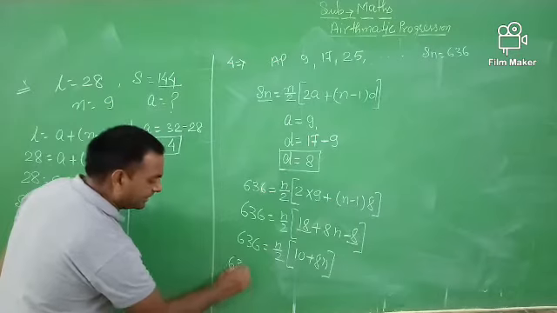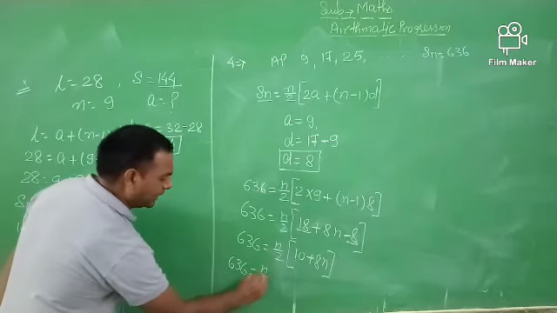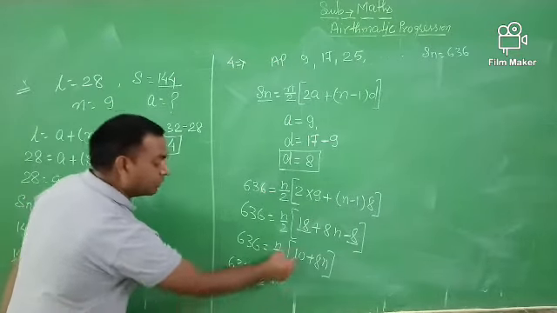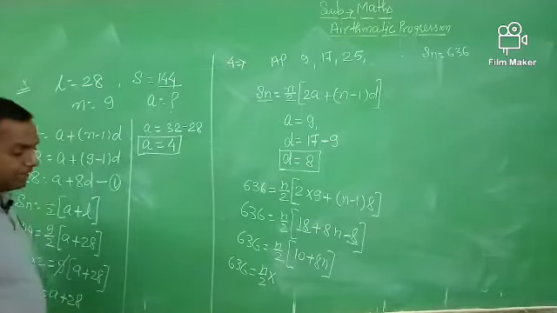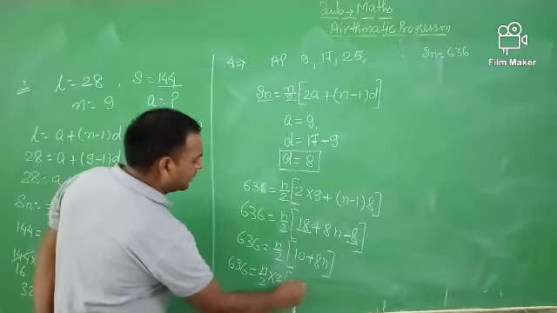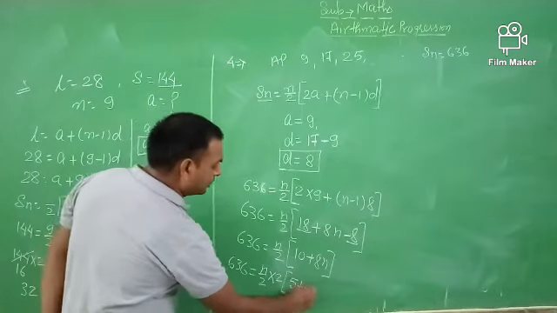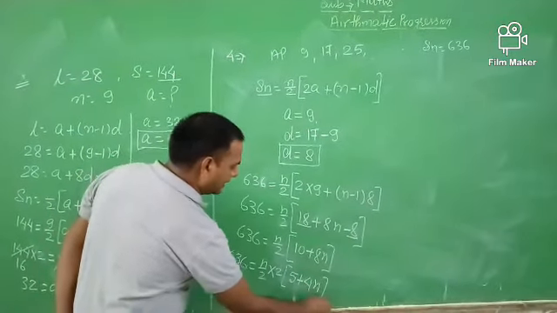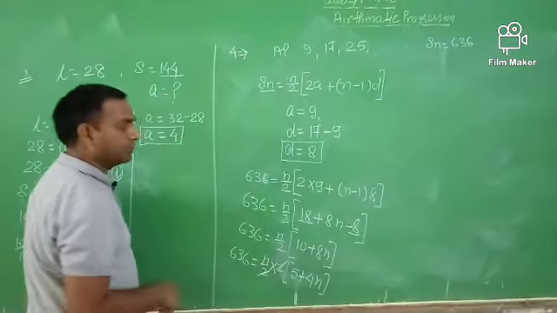Then 636 is equal to n by 2 into, you take 2 as common from 10 and 8n. So this is 2 into (5 plus 4n), since 2 fives are 10 and 2 fours are 8. The 2 is cancelled by 2.